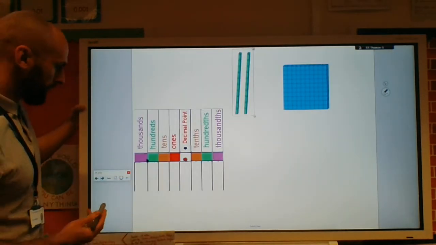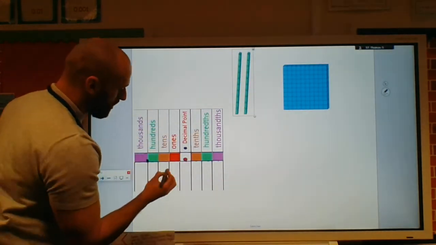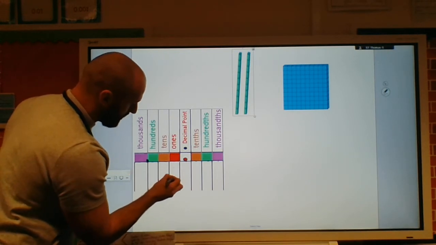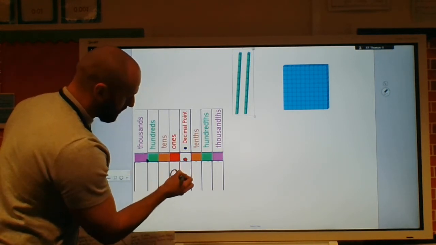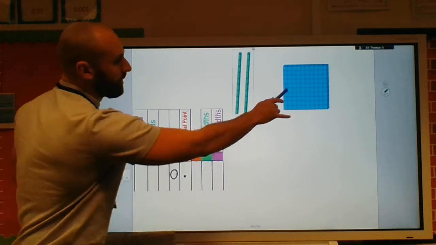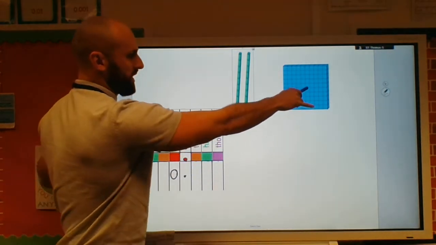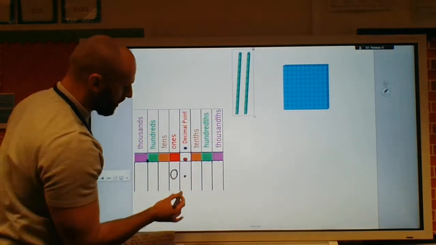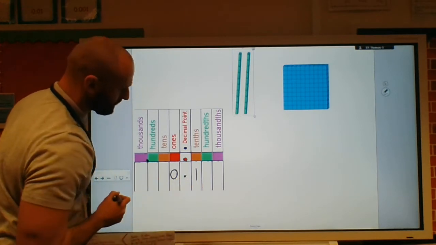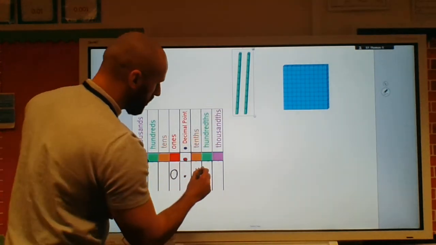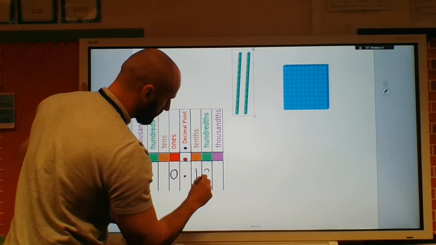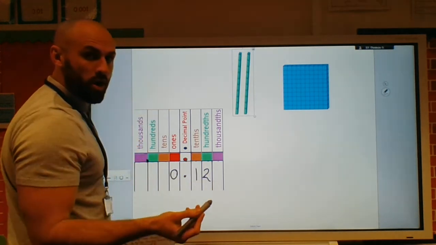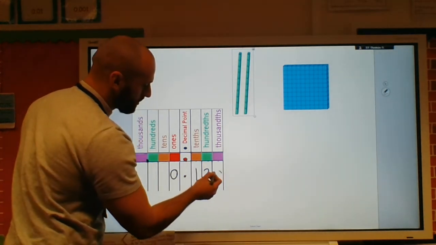Here now, again, there are no whole numbers, so I put my 0 in there, put my decimal point in. I've got 1 tenth, remember 10 tenths make one whole, so I've got 1 tenth. And I've got 2 hundredths. And there are no thousandths.